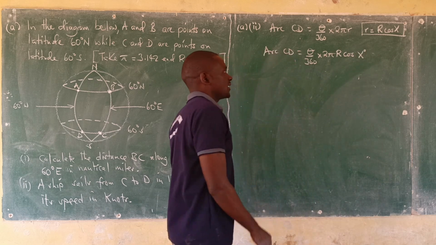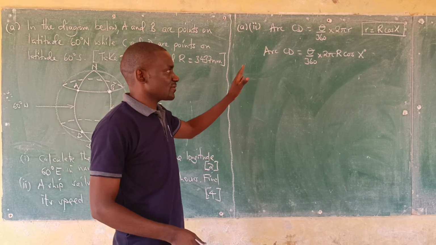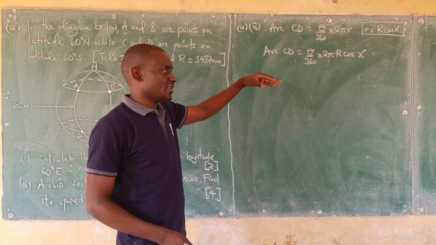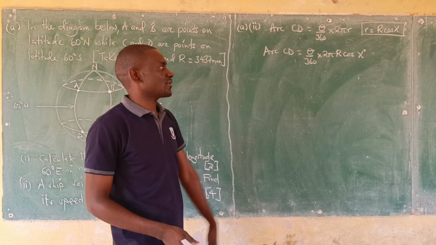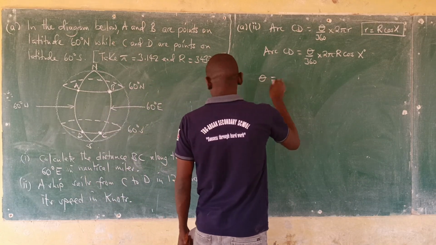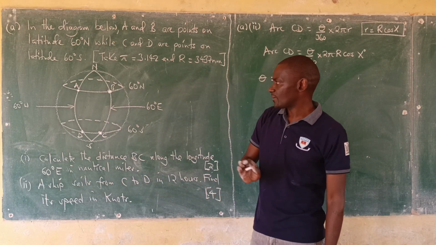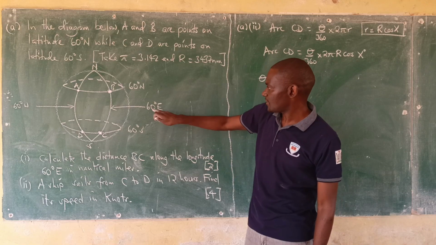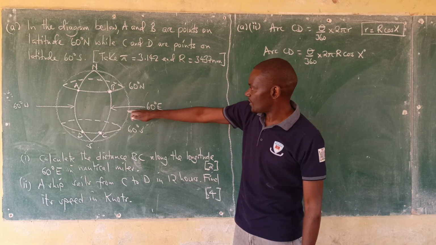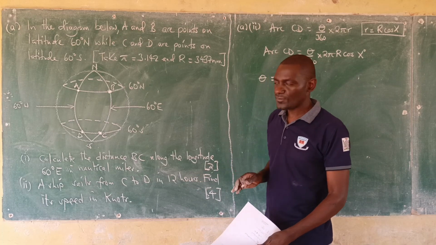So we also need to find the difference in longitudes, which is theta, or we can use any other letter for that difference. But in this case, we are saying theta is equal to. So from here to there, in terms of angular difference, that is 60 degrees east, then 60 degrees west. So we add, since they are also in different hemispheres.